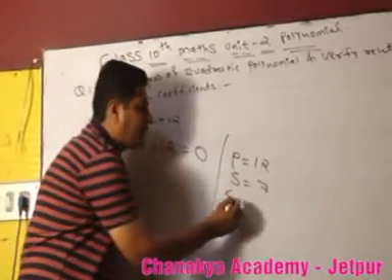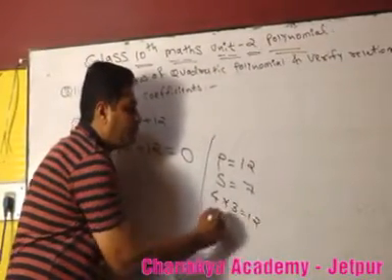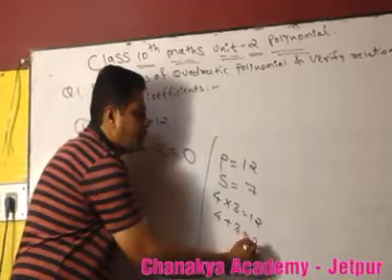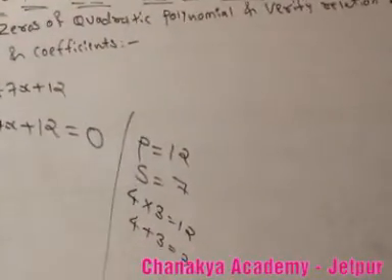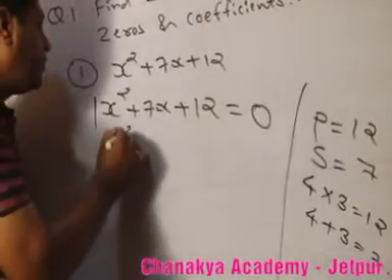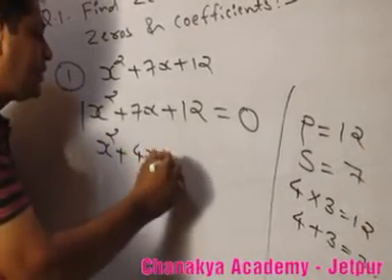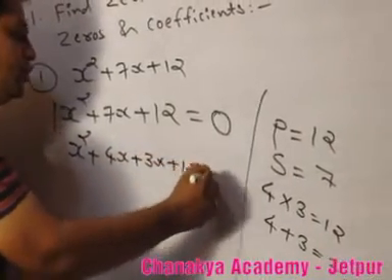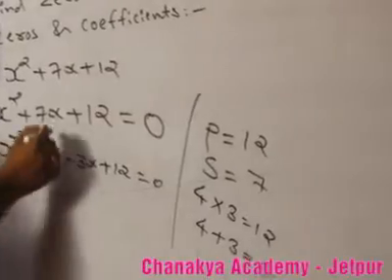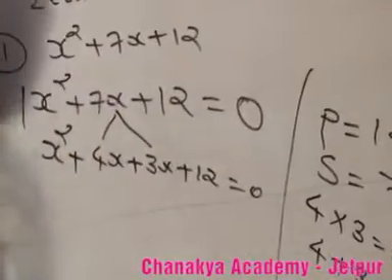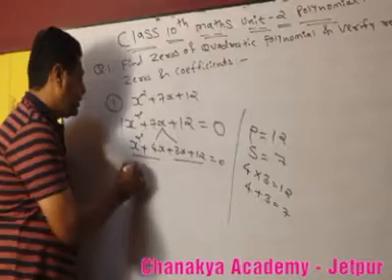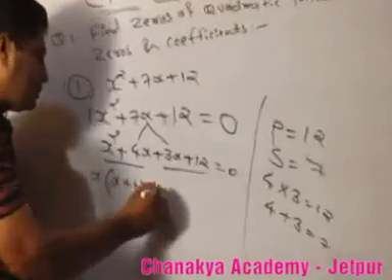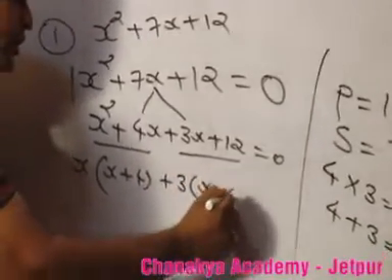Therefore 4 threes are 12, and 4 plus 3 equal to 7. Now we have obtained two numbers, 4 and 3. x square plus 4x plus 3x plus 12 equal to 0. Now we have split 7x into two parts, 4x plus 3x. Now taking common from the first two terms, x bracket x plus 4, plus 3 bracket x plus 4 equal to 0.